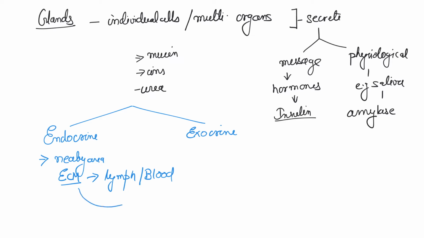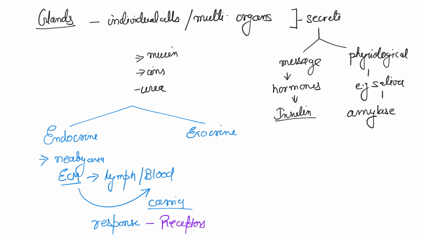It could also get directly into the blood, because you have to remember that the blood capillaries are not entirely proof, right? There's a communication of substances between the blood and the ECM, right? So the substances that an endocrine gland secretes may enter the blood via lymph or directly into the blood, and the blood carries them to all the places in the body, and they produce a response only at the place where we have receptors for these messages.